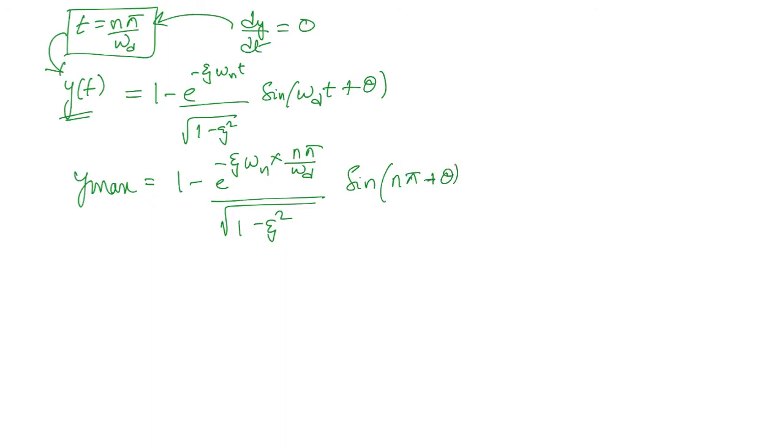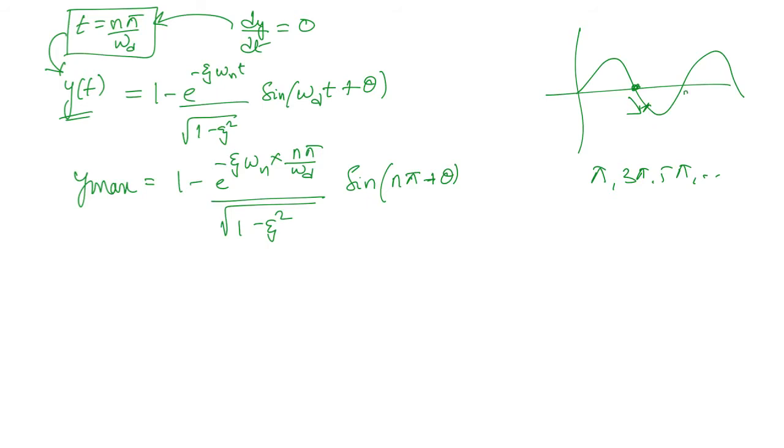Now if you consider the sine function, and you take an odd integer multiple of pi, that is pi, 3 pi, 5 pi, like that, then pi plus some theta will give you a negative value.